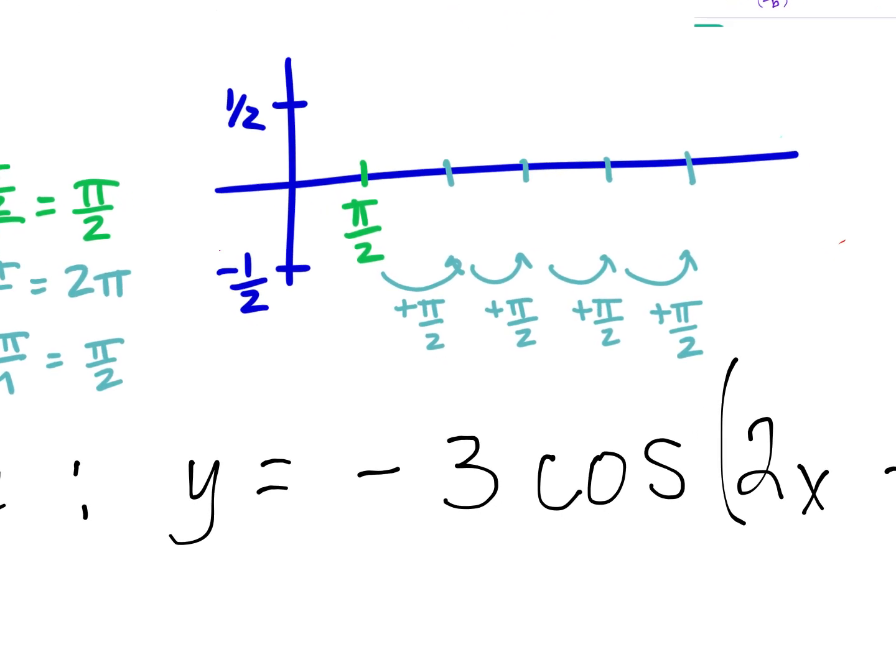So starting with the next point after our starting point, what's pi over 2 plus pi over 2? Pi, perfect. It'd be 2 pi over 2, which would just be pi. Then we're going to add another pi over 2. When we add another pi over 2, what do we get? 3 pi over 2. When we add another pi over 2, what do we get?